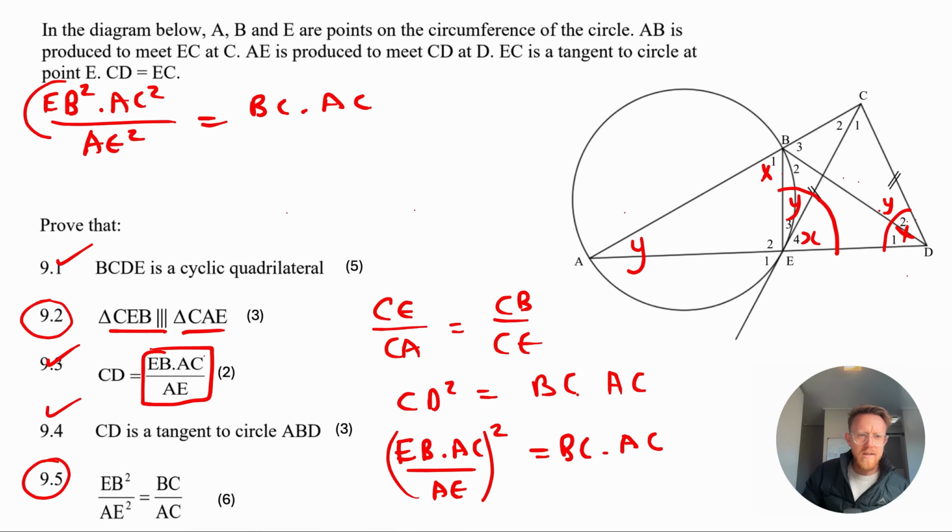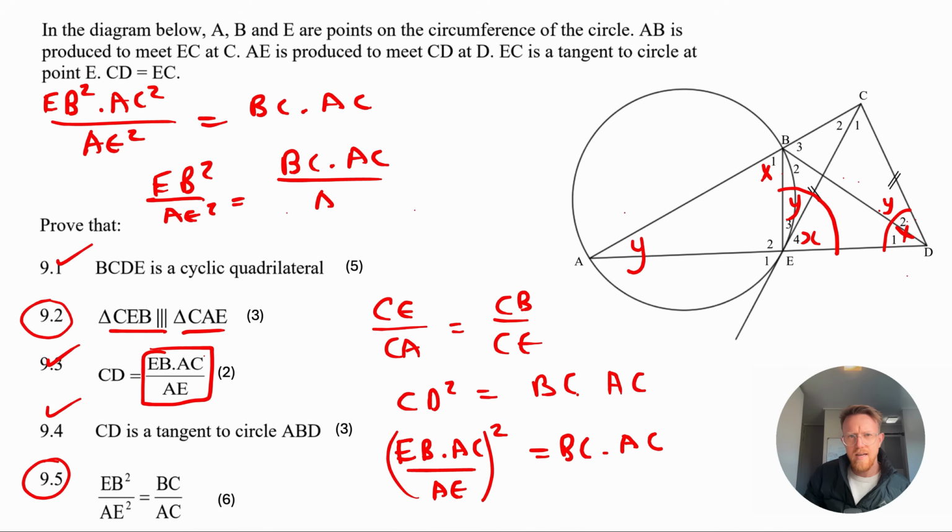Now we want EB squared and AE squared, so we need to take this over to the right-hand side, so we'll end up dividing. So we end up getting BC times AC over AC squared. Now, you see how we have 1 AC at the top and 2 at the bottom. So if we cancel them, you'll just be left with that. And that's literally what they wanted.